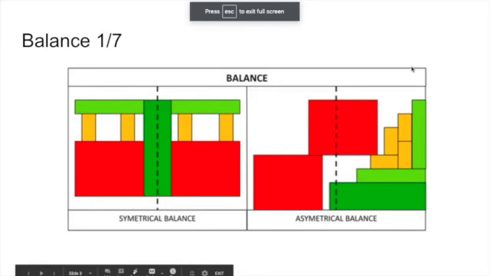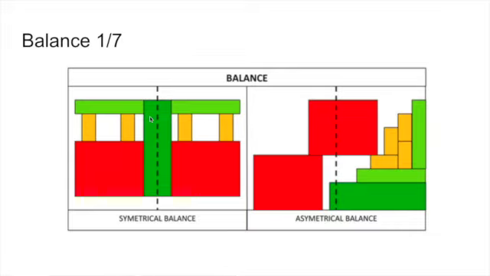So here is balance. Balance is the principle of design in art where we are trying to make things look visually stable or the same. So symmetrical balance is when things are exactly the same. They mirror each other. If there's dark lime green in the middle, there's dark lime green in the middle. If there's a big box of red on the bottom left, there's a big box of red on the bottom right.